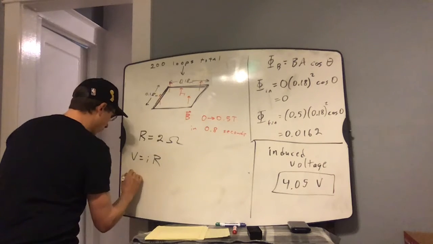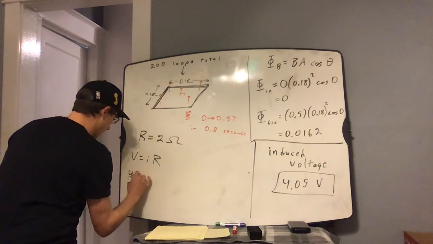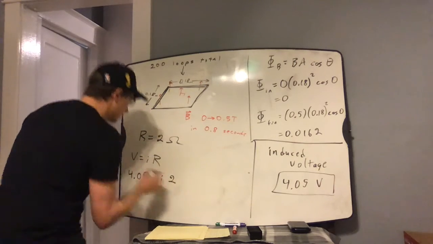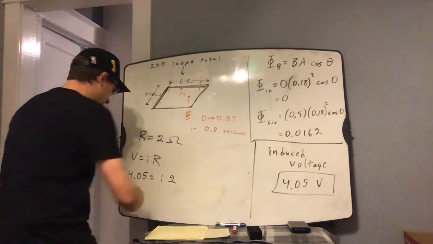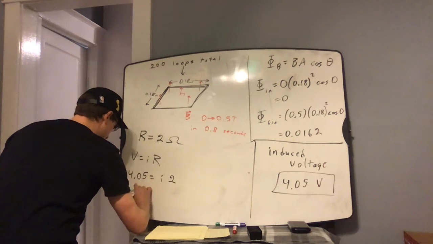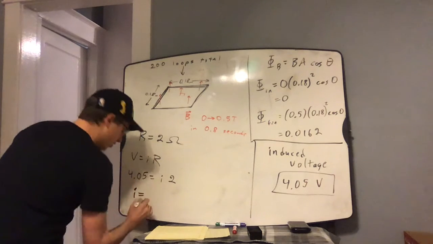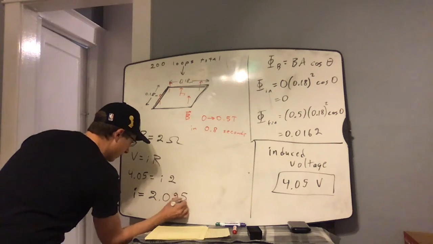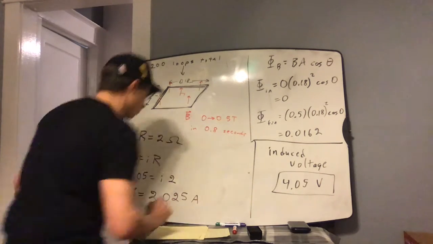So the induced voltage of 4.05 volts is equal to the induced current times the resistance, and I get the induced current is going to be 2.025 amps.